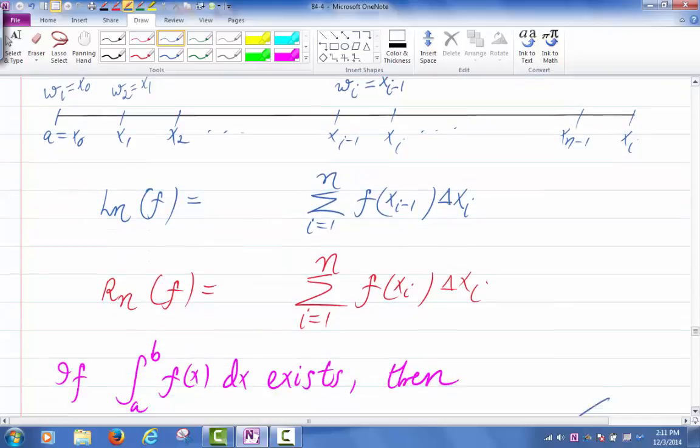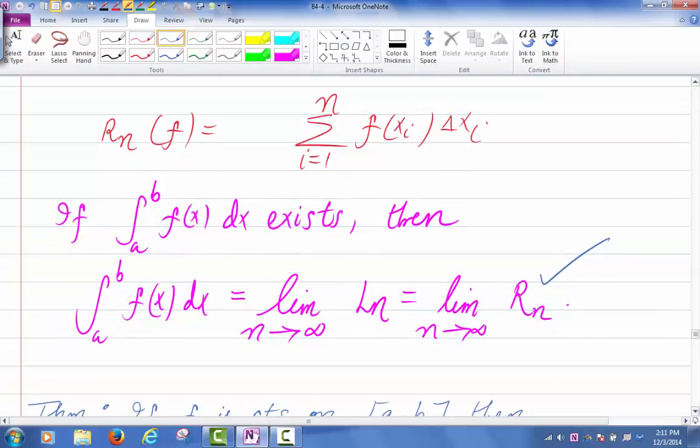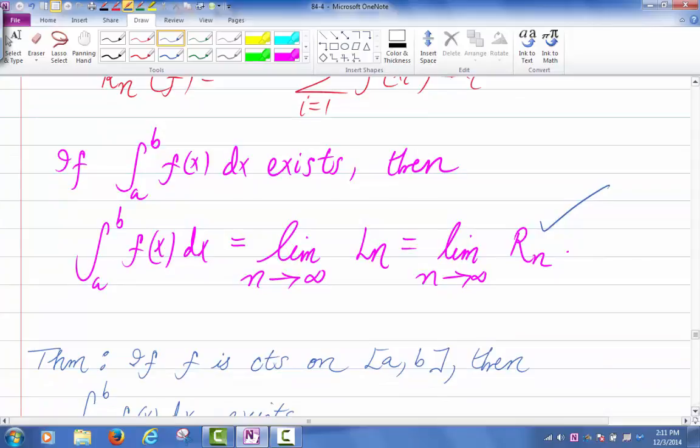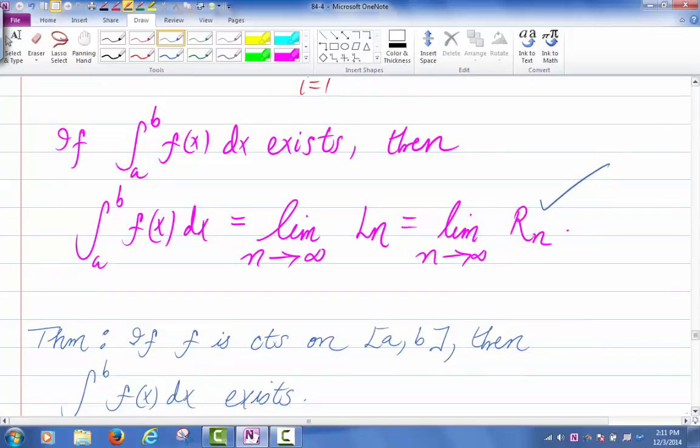Let's note that, remember we defined the definite integral from a to b of f(x) as the limit of the Riemann sum, right? It's a special kind of limit, but it's some sort of limit of the Riemann sum. If that limit exists, then we say that the integral exists.